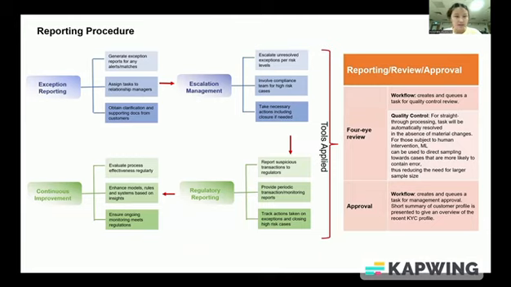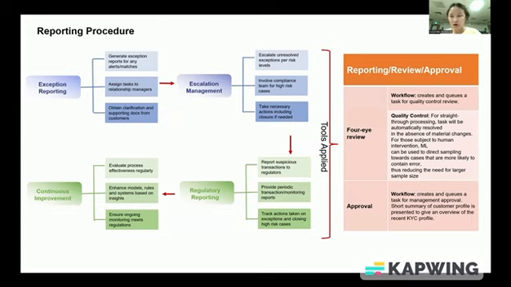After the suspicious transactions are detected, we will start the reporting procedure. Here we have 4 steps. The first will be exception reporting and then escalation management, then move to the regulatory reporting, then the continuous improvement.